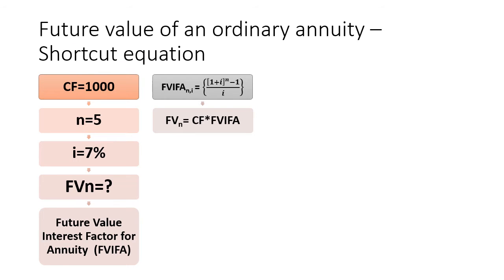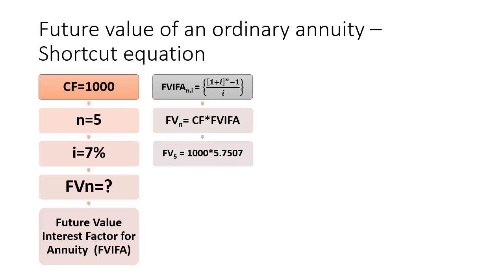After calculating the factor, simply multiply it by the cash flow or the deposited amount, which is 1000 in our example. So the future value at year 5 will be 1000 times the factor, which is 5.7507.